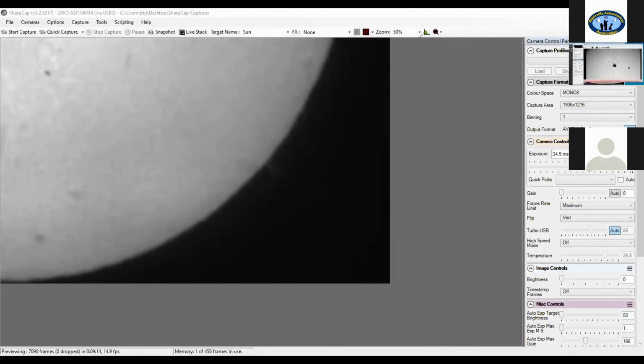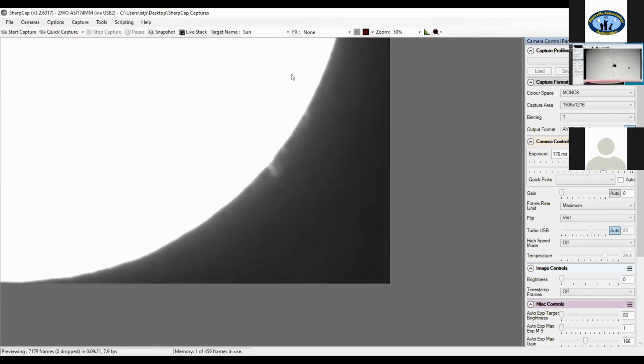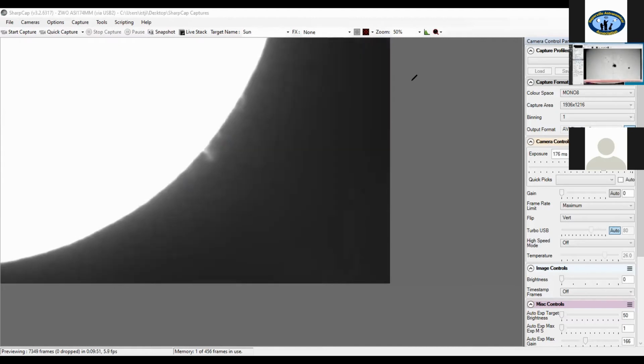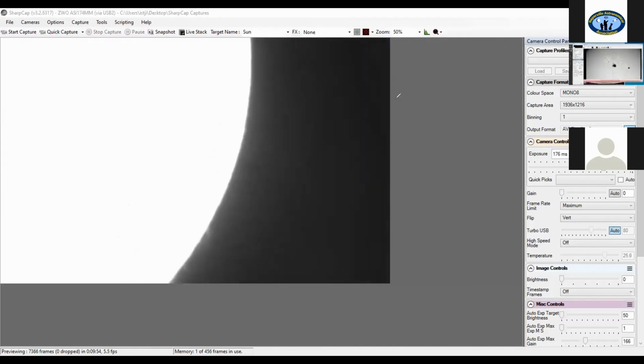I'm going to come to the other side and overexpose this again, and we have a whole bunch of prominences happening on this side too. There is one that's making a little bit of a loop here, and there's a pretty big one here that looks like a small loop there. Really, this whole area is pretty active right now. Let me walk along the edge so you can see some small stuff.